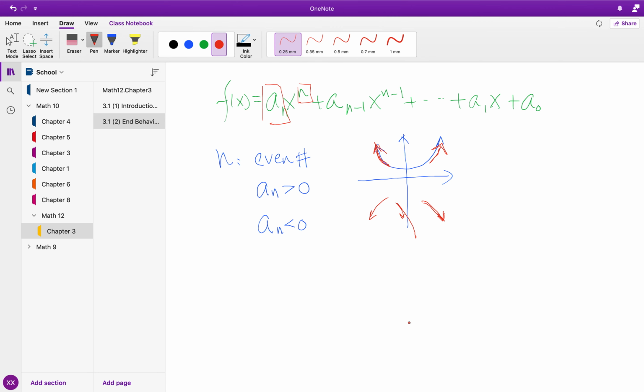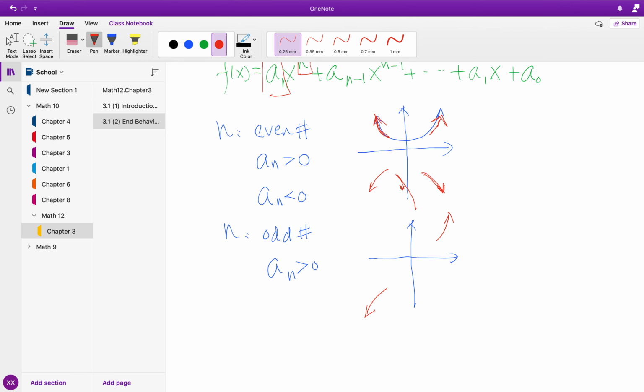Now when our n is an odd number, then when a_n is larger than 0, the behavior of this graph will be starting from here, and then wiggle, wiggle, wiggle in between and then end up there.